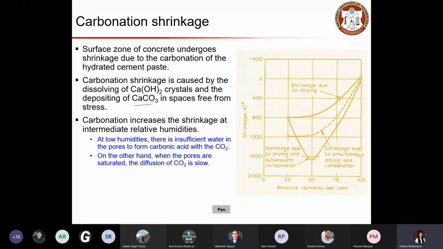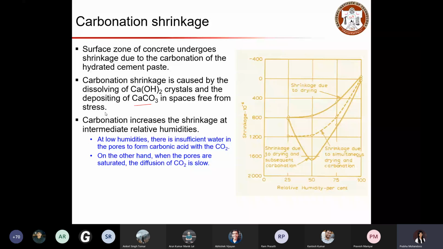So when you get the calcium carbonate as the reaction product, you are getting something that is less in volume to occupy this space. So now you have less volume occupant. Because of that, you observe shrinkage, as you have less volume product to be filled in the spaces free from these stresses.